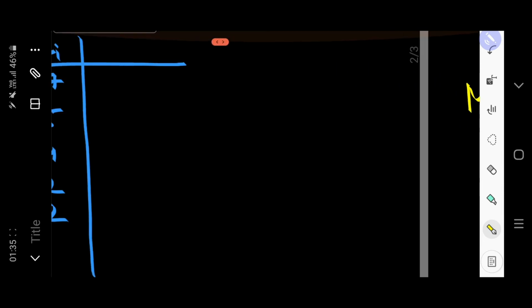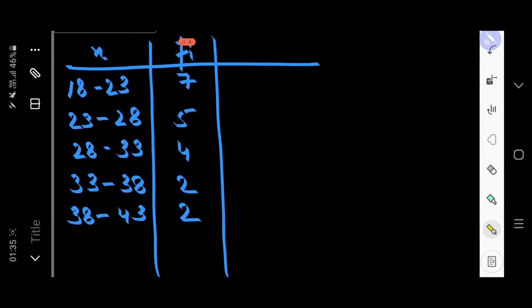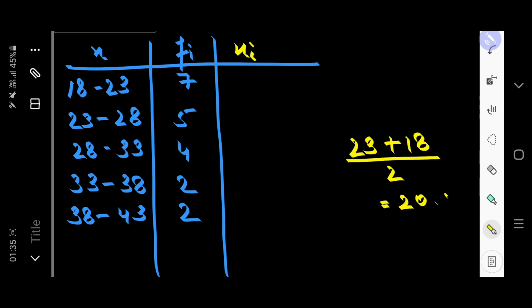So here, to find the midpoint, or xi, we simply add 23 plus 18 and divide by 2, which is 20.5.